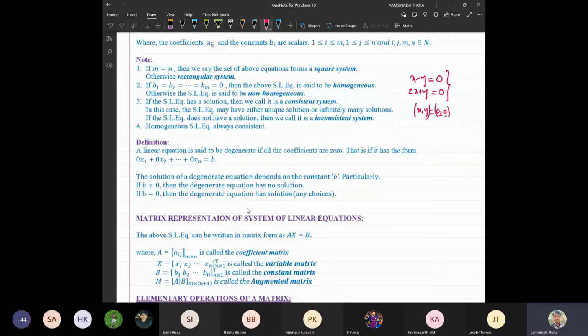Now there is another definition. What is this one called? A linear equation is said to be a degenerate equation if all the coefficients of the unknowns are 0.